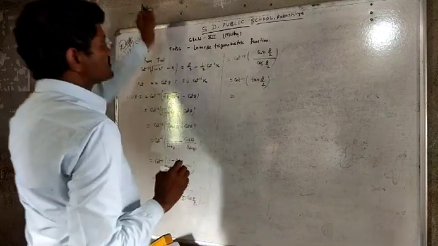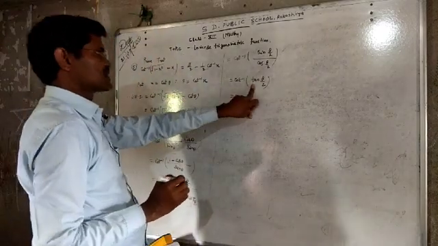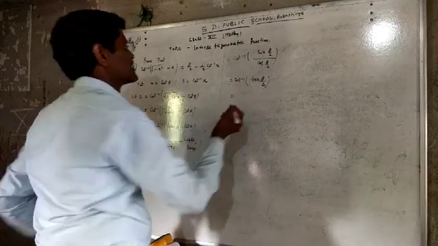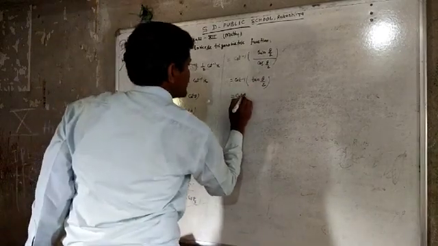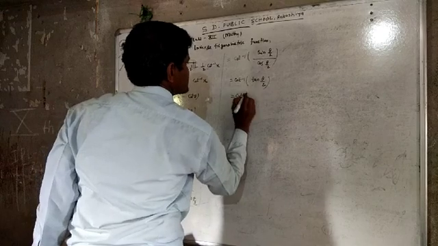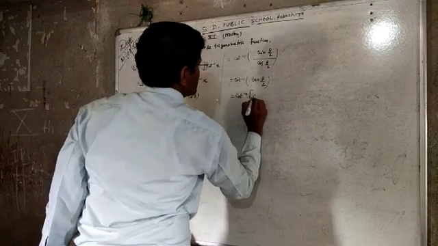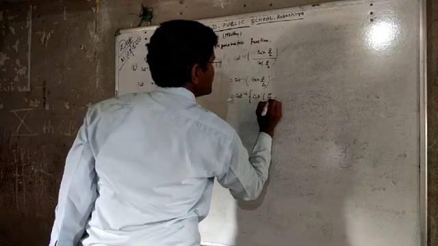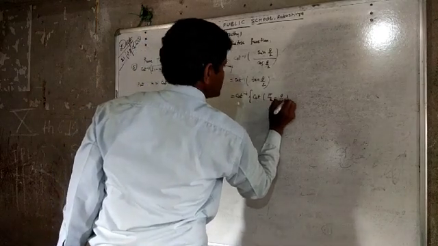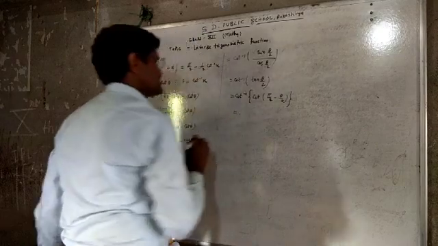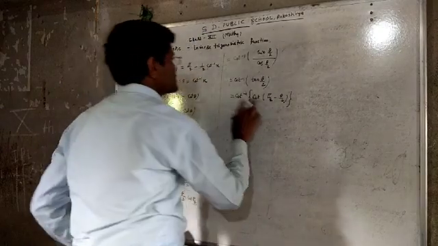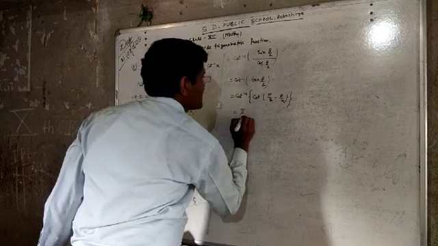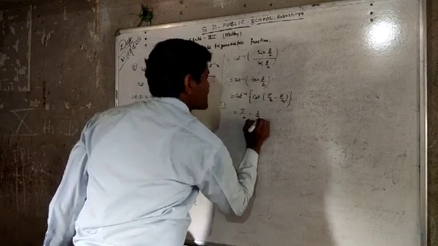We know that tan theta by 2 is equal to cot of pi by 2 minus theta by 2. It is written as cot inverse of cot of pi by 2 minus theta by 2, and hence, according to the formula, its value is pi by 2 minus theta by 2.